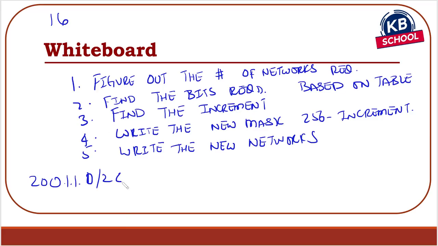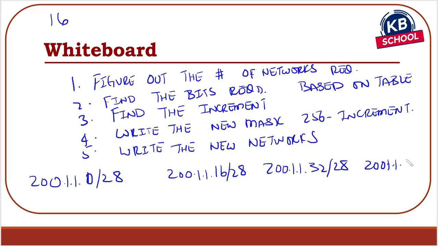Increment 16 means I have borrowed 4 bits. My next network would have been the increment of 16, 32, and we'll write 4 of them, and 48. Why 48? Because the increment is 16.